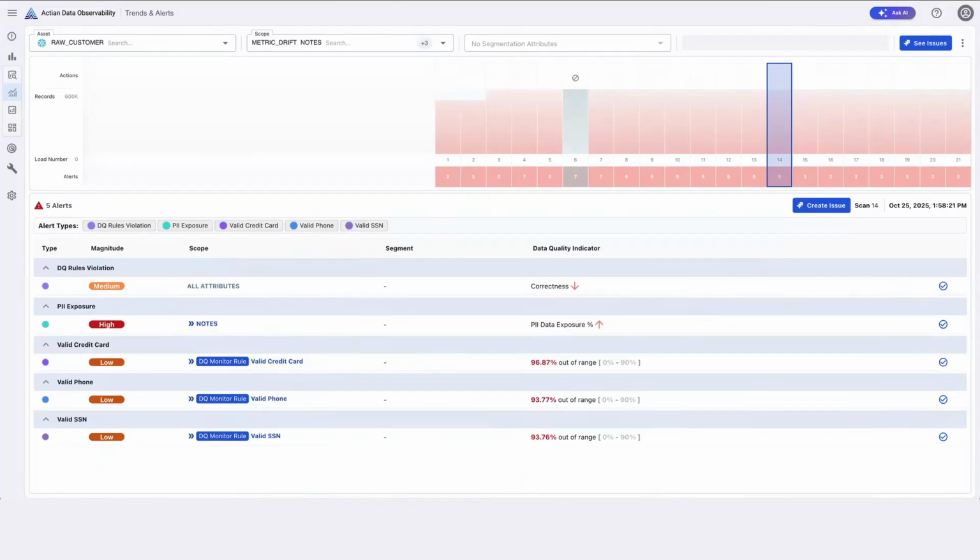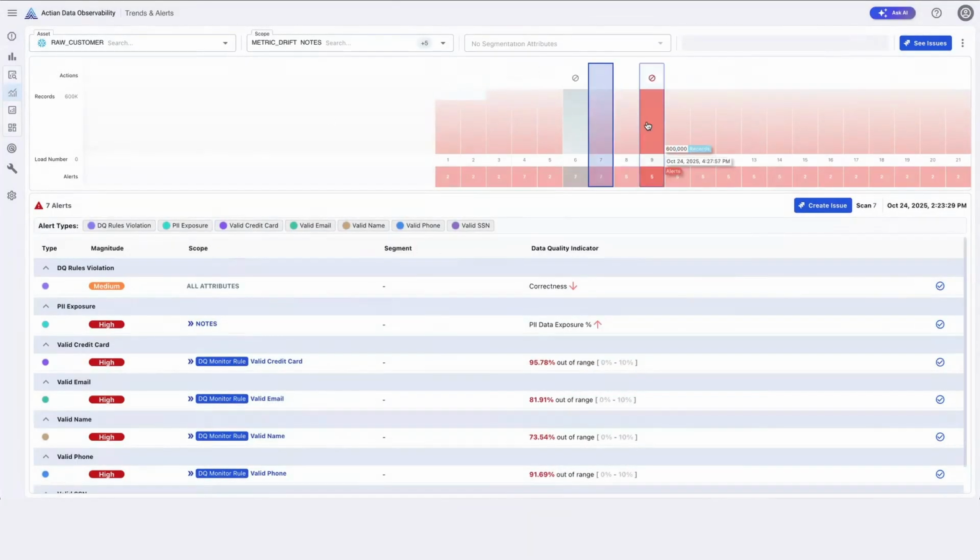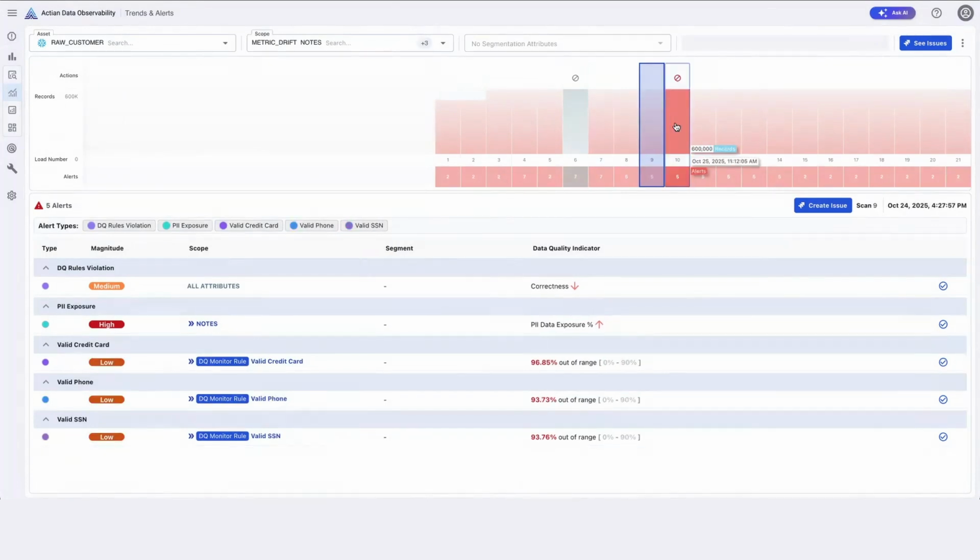Trends show where engineering time is being drained. The view makes it clear whether issues are isolated or more systemic. Trends reveal whether issues are isolated or recurring across data sets and time.